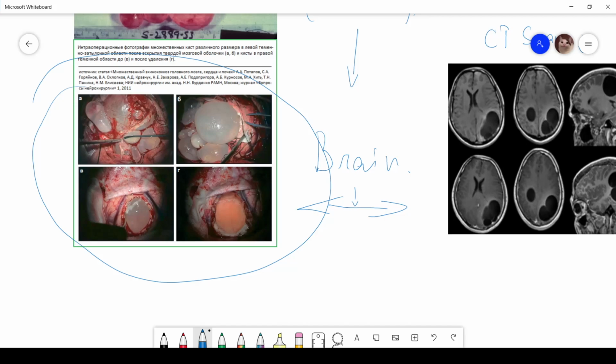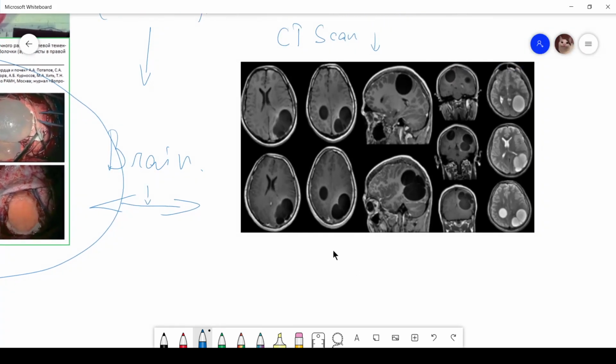And as you can see, there is more than one cyst in the brain. We have 1, 2, 3, 4 cysts, or maybe more, 4 or 5 cysts.